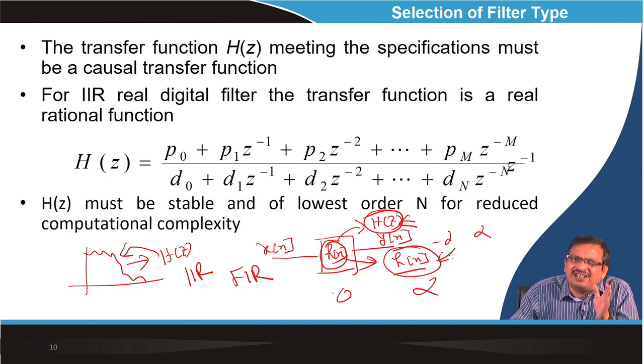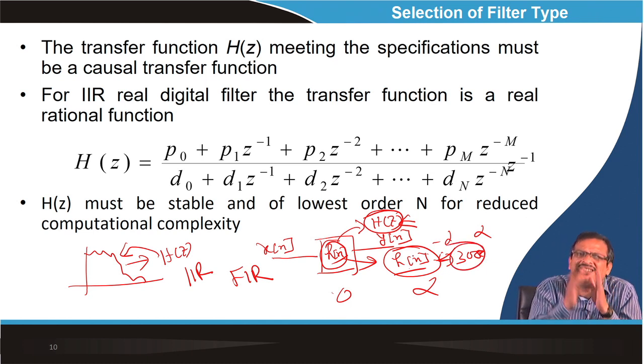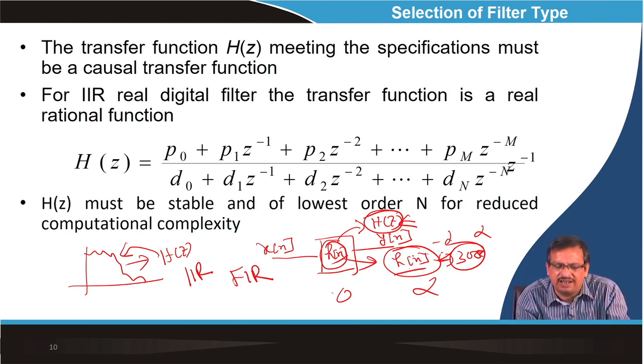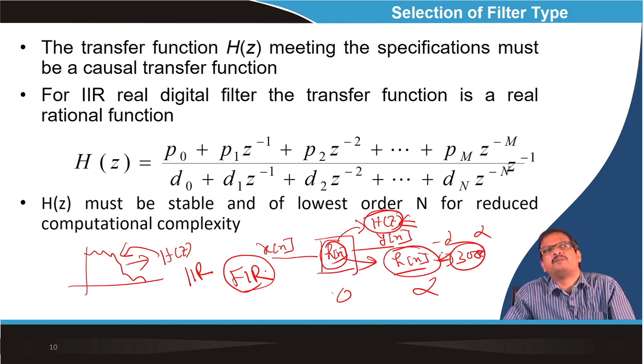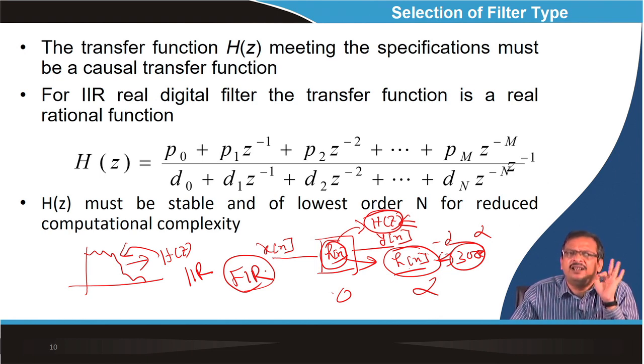Now if, instead of infinite, I do not consider the infinite response, and let's say I consider only 300 points of this impulse response, so h(n) from 0 to infinity but I am considering only 300 points, then it is called an FIR filter, finite impulse response filter. So there are two kinds of filter: IIR filter, where the impulse response is infinite, and FIR filter, where it is finite.